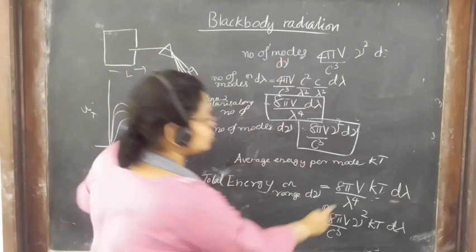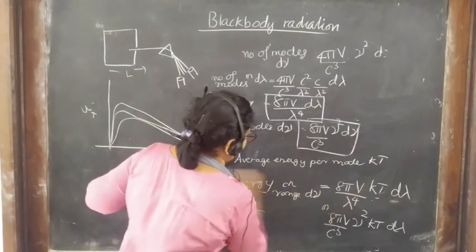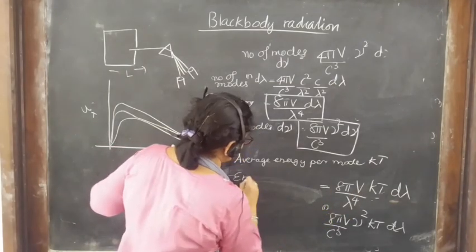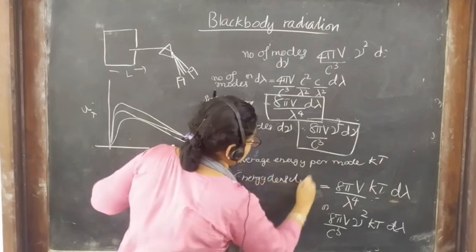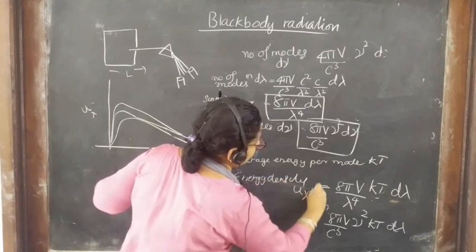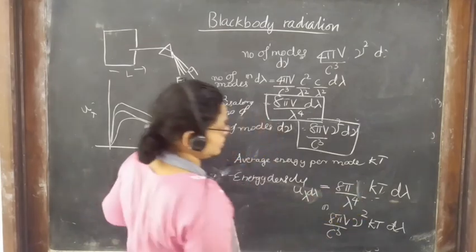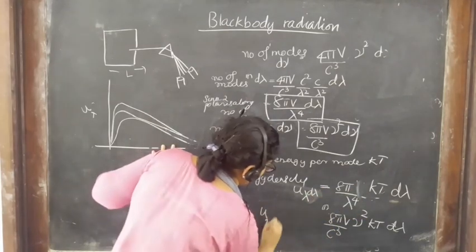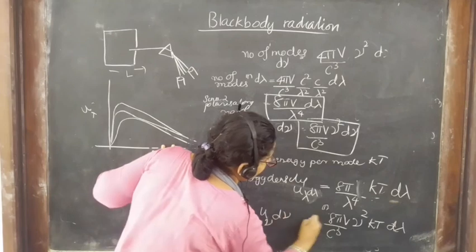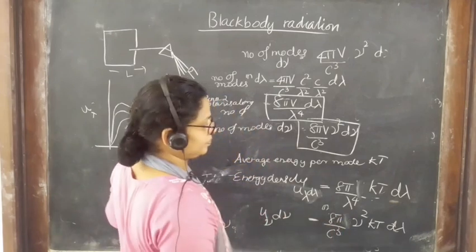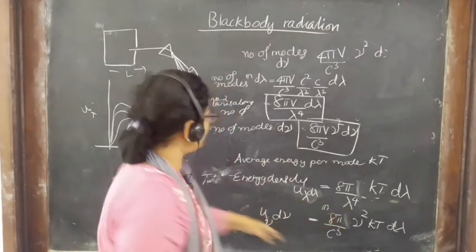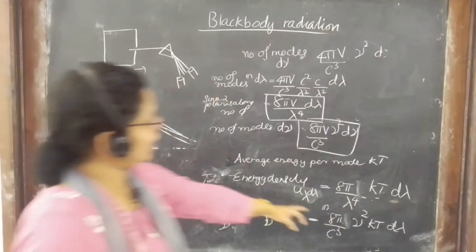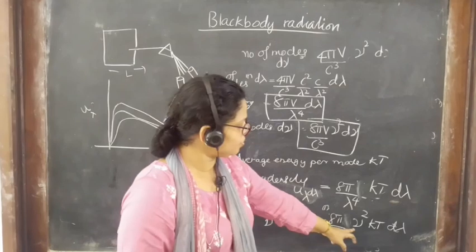Now, if we want energy density, it is the total energy per unit volume, so here there is volume. So the energy density will be u lambda d lambda, and u mu d mu. So these are the expressions. And when we plot that, we see lambda raised to 4 or mu square.